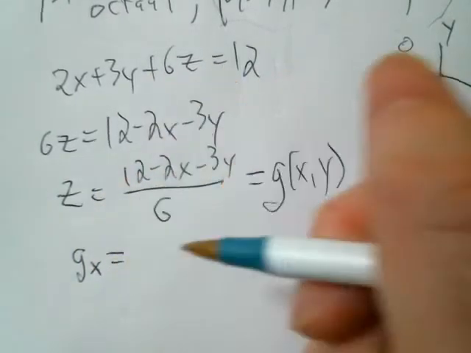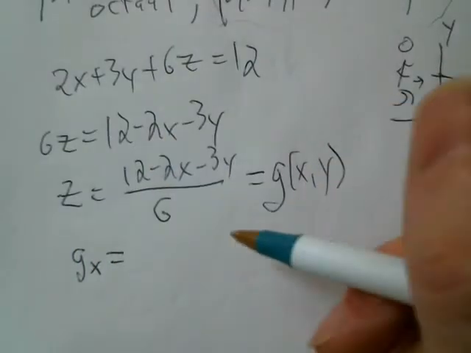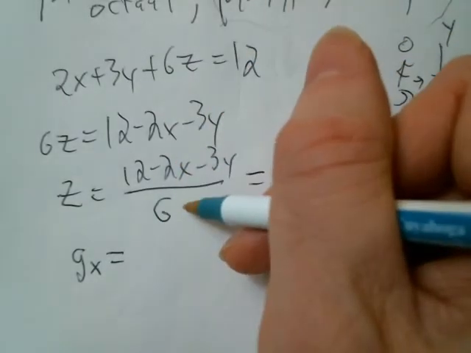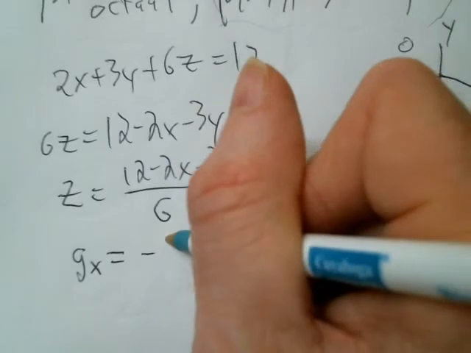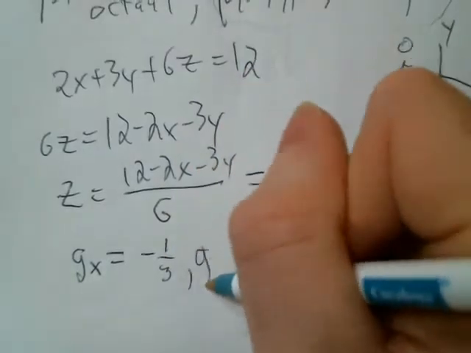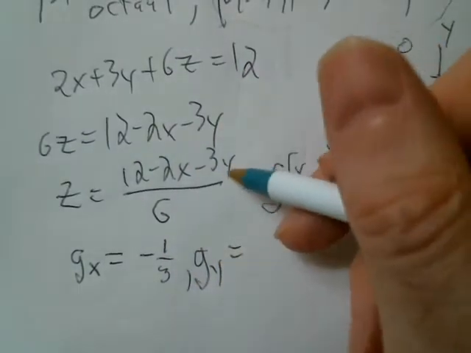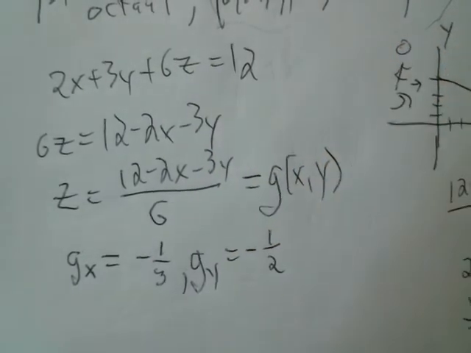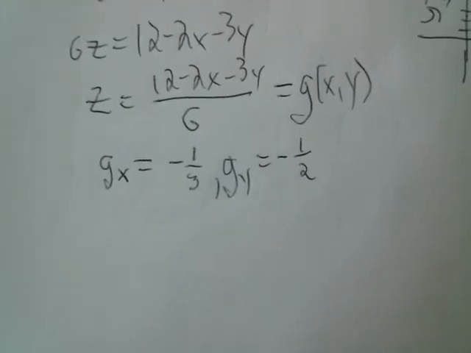G_x, g with respect to x, is going to be negative 2 over 6, so negative 1/3. G with respect to y, negative 3y over 6, so negative 1/2. Okay, and then I think we're ready to dump everything into the integral.